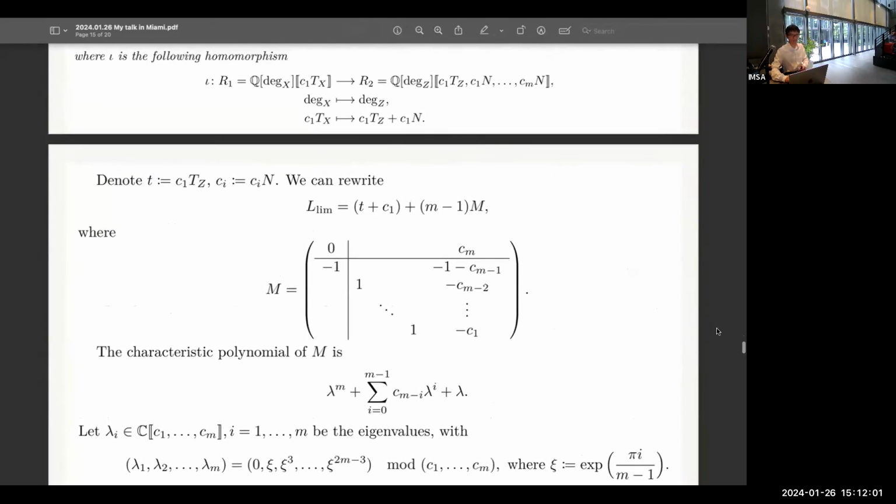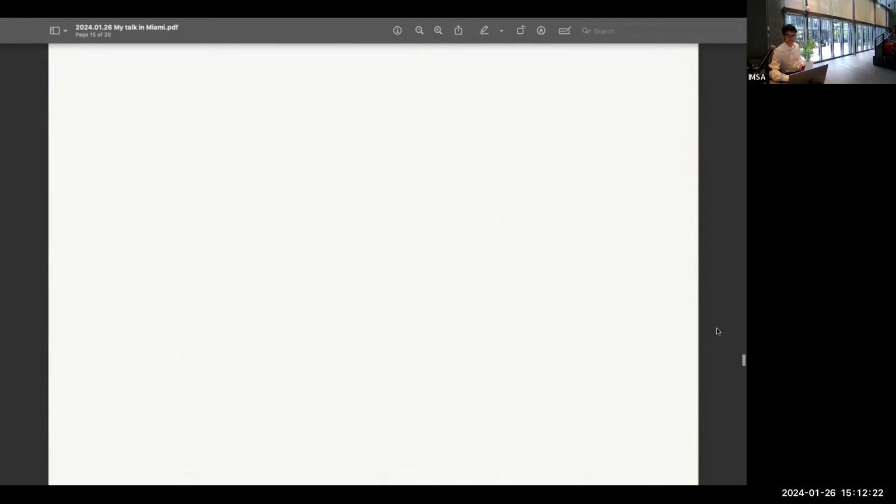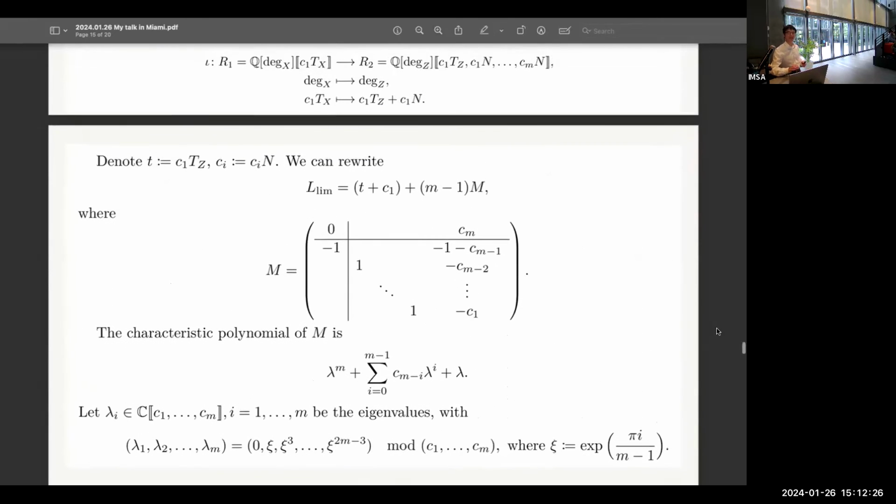So I think exactly the same eigenvalues appear in Hiroshi's when you do the Fourier transform and then you do the stationary phase formula.